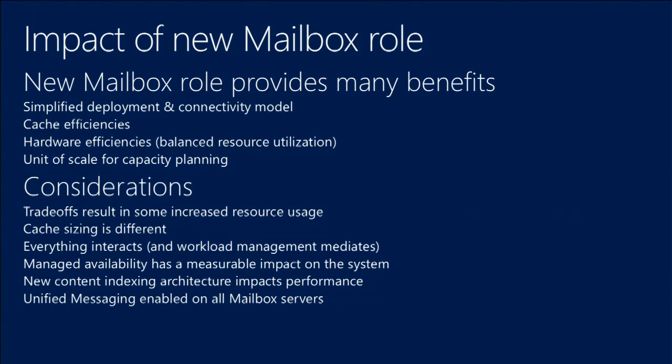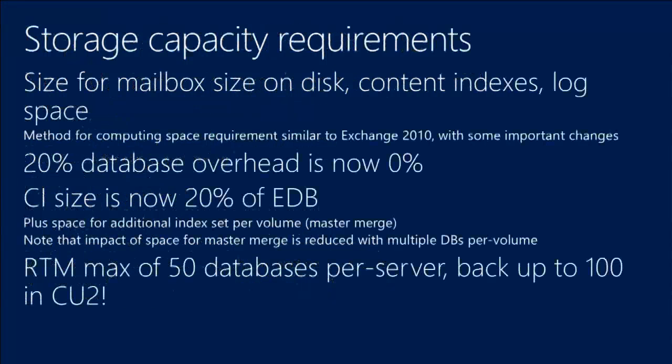It's a fairly performant query processor and search engine, but it uses a fair amount of memory in order to be able to deliver those features. So compared to what we looked at in 2010, we are definitely seeing an impact on system resources from the new CI infrastructure. And we'll talk about the impact of unified messaging in a few minutes.